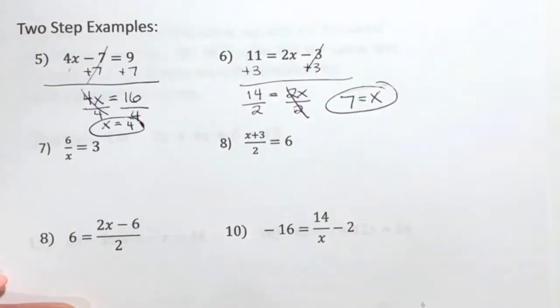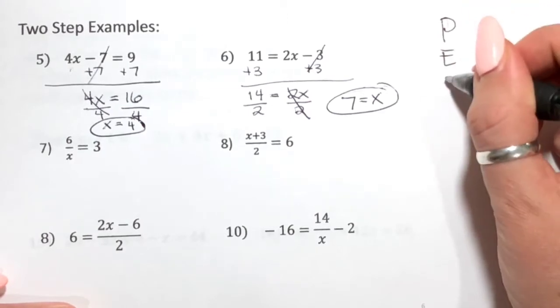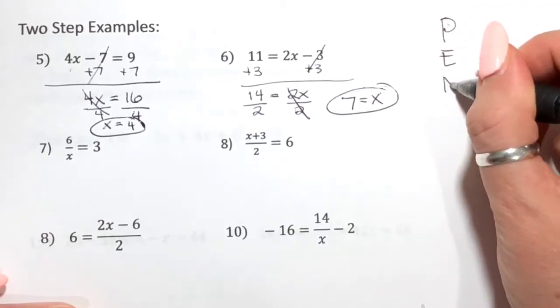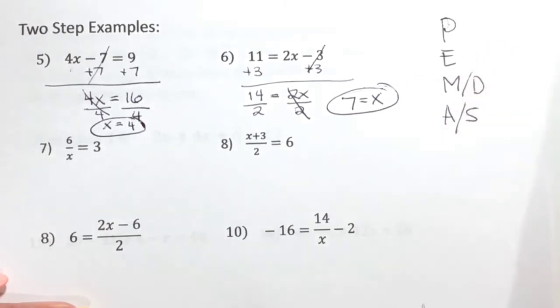So last time we talked about our order of operations, PEMDAS, you remember? Parentheses, exponents, multiply, divide, we put in one step, and add and subtract, we put in one step.